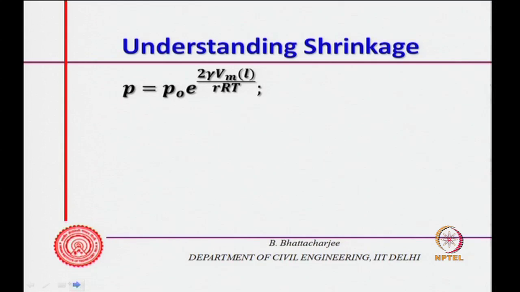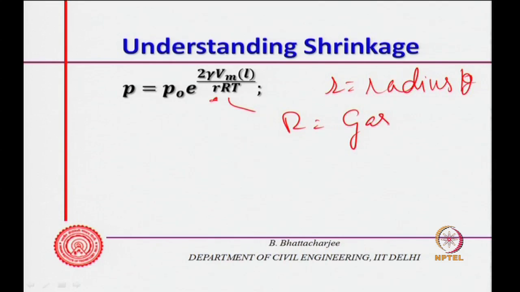So, this is Kelvin's equation. We replaced the pressure dP by twice gamma by small r. I am writing r as the radius because capital R is the universal gas constant, therefore small r is the radius of the capillary.